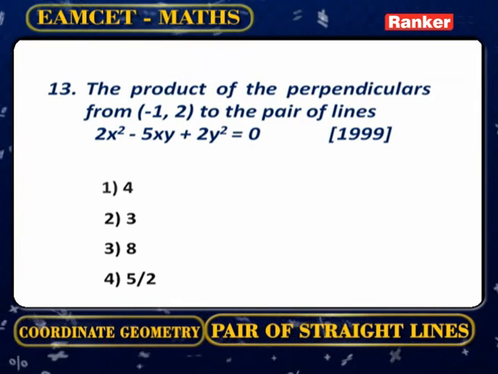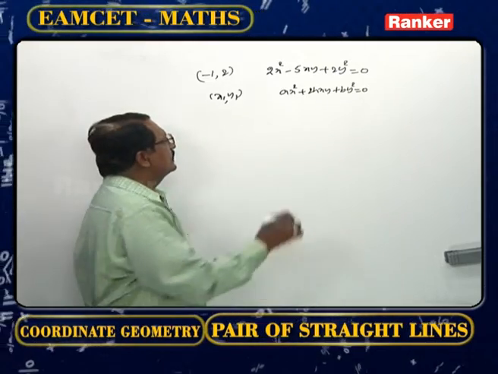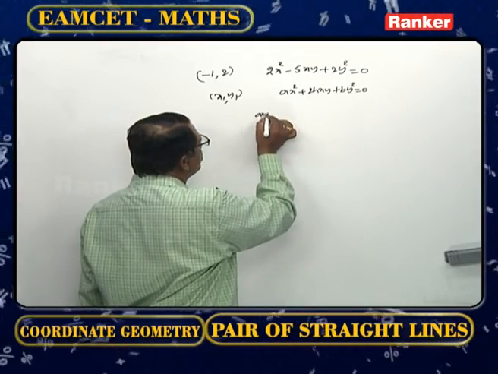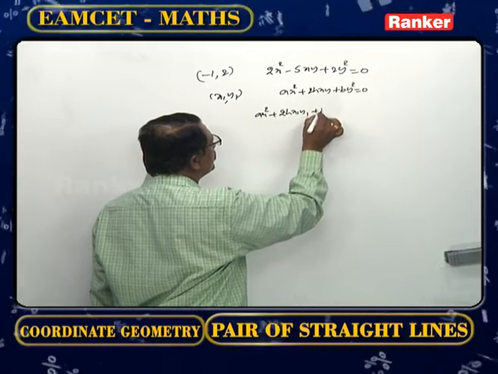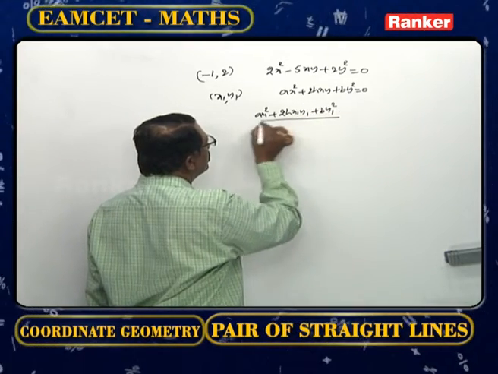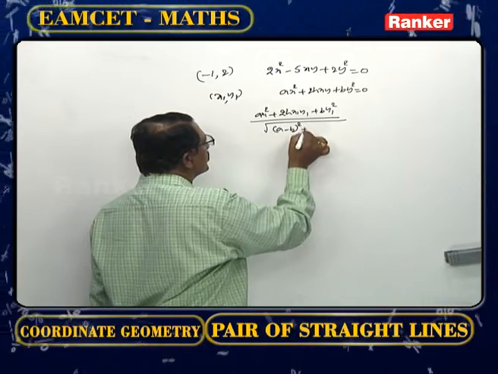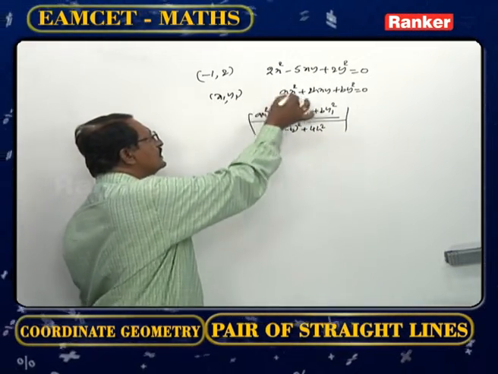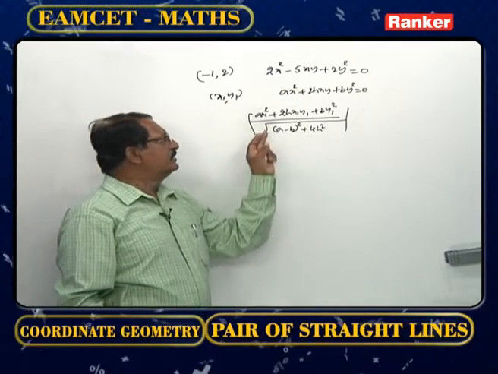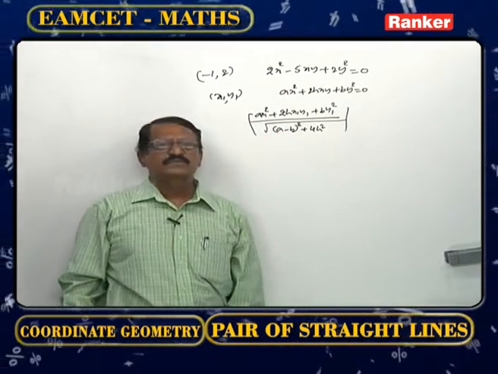Now, the product of perpendicular distances from x1 y1 to the pair of lines equals to ax1 square plus 2hx1 y1 plus by1 square by square root of a minus b whole square plus 4h square. Just in numerator substituting the point in the given equation, by denominator square root of a minus b whole square plus 4h square.